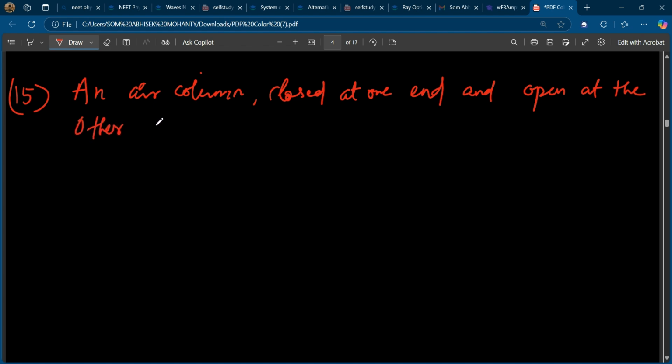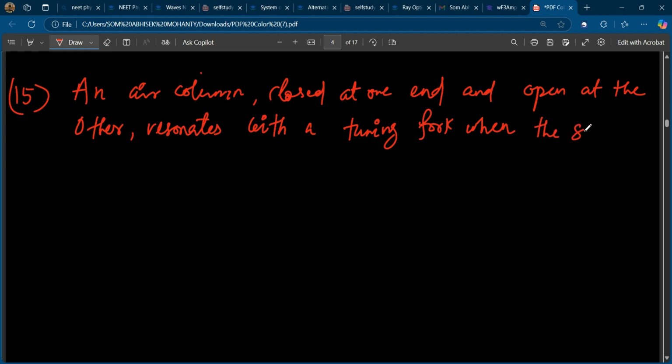resonates with a tuning fork when the smallest length of the column is 50 centimeter.